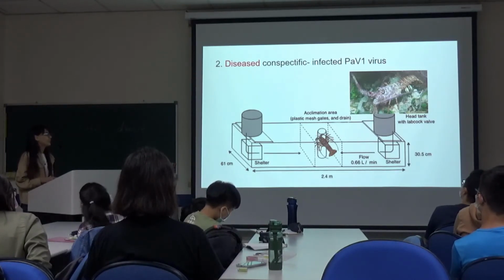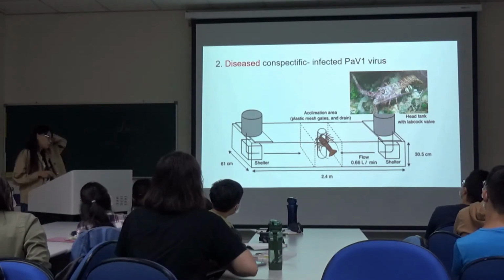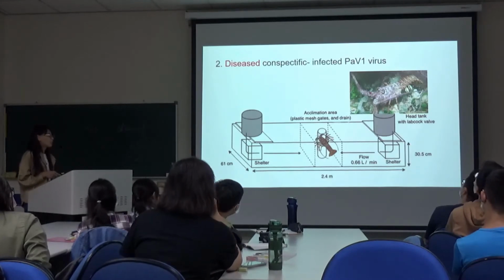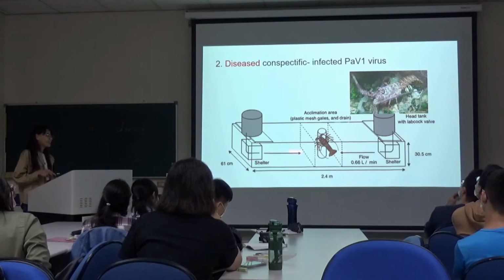So we put the diseased lobster on one side and a healthy lobster in the center. The same, after 5 minutes, we will open the gate and let the lobster move.